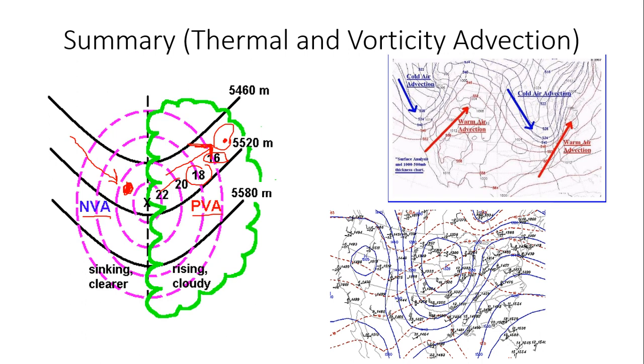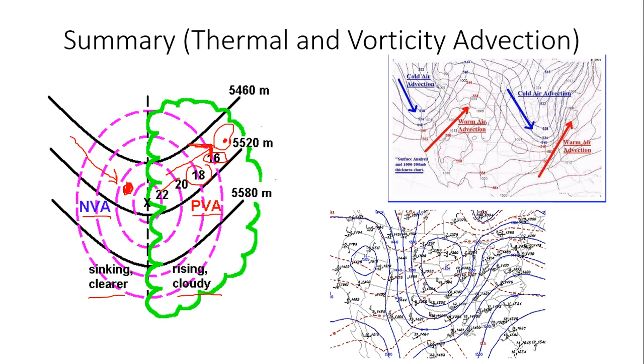As the air sinks, associated with upper level convergence and NVA, I'm going to have fair weather. This is known as a vorticity couplet: PVA downstream of the shortwave trough axis, NVA upstream of it.